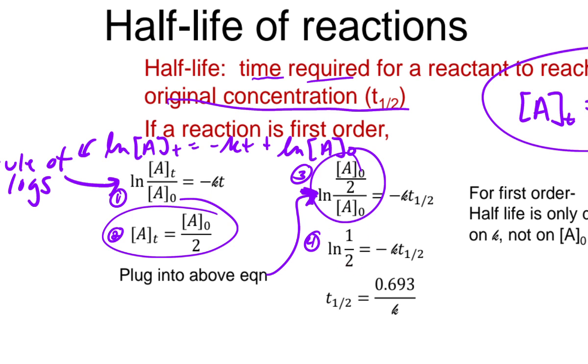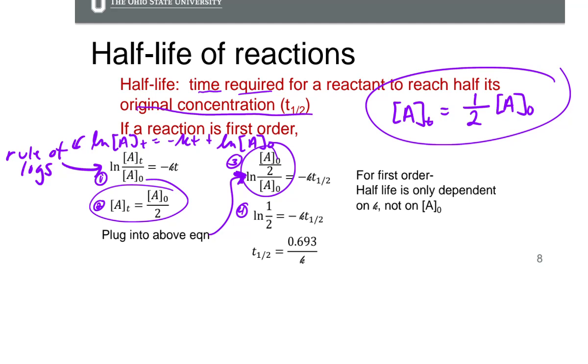And ln of 1/2 is a constant, and that is going to be equal to minus 0.693. Okay? So to isolate T1/2 on one side of the equation, we divide both sides by k, and we end up with this for the half-life for a first order reaction.